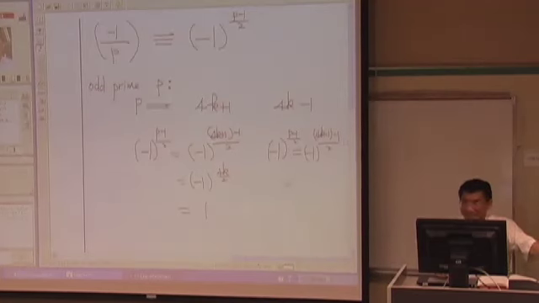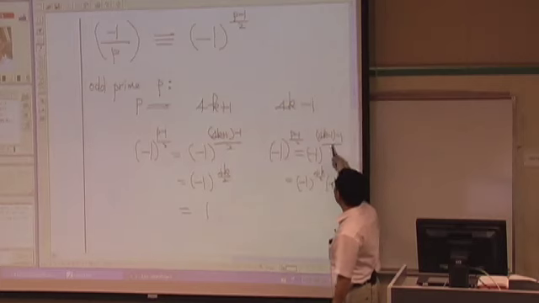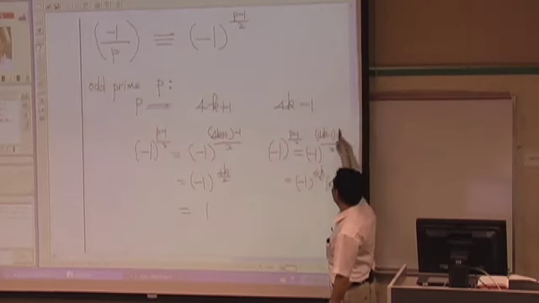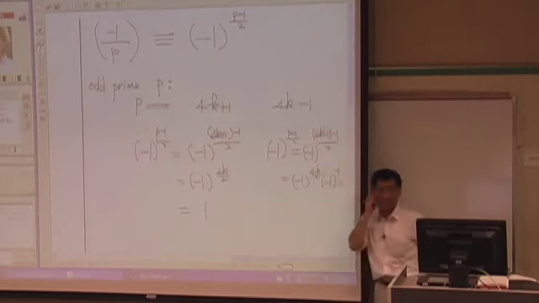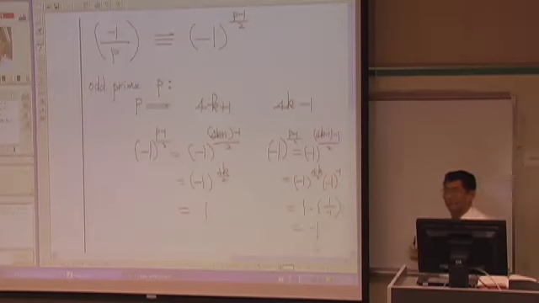So as you can see, it is minus 1 to the power of 4K over 2, and then minus 1 divided by 2, so it is negative 1. Then this is an even power of 1, and then minus 1 power is 1 over negative 1, so it is negative 1.